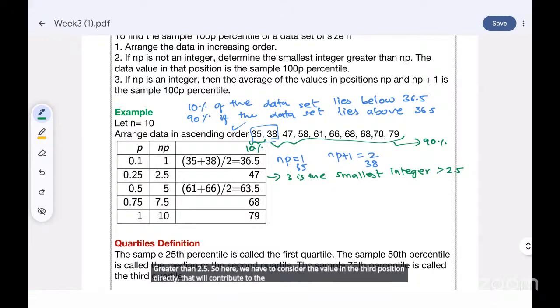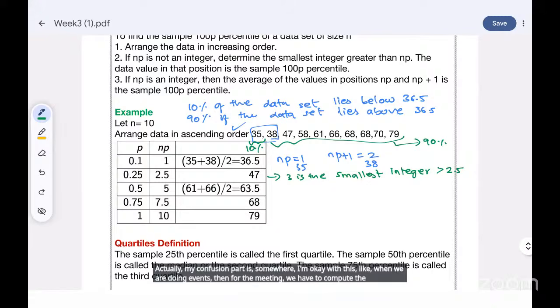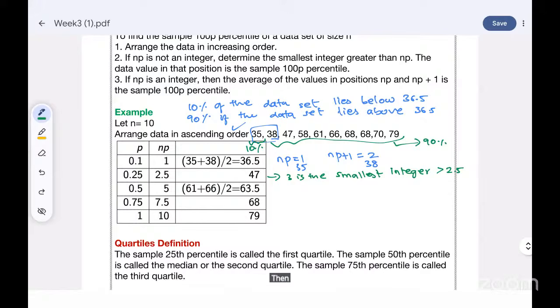So here we have to consider the value in the third position directly, that will contribute to the 100p percentile. Actually, my confusion part is somewhere I'm okay with this. When we are doing even, then for the median we have to compute the average of fifth and sixth position, and then we can find the median. But when we are calculating the 25 percentile or Q1 or Q3, then why are we taking average? In some we are taking average, in some we are not. That is the part I'm confused about.